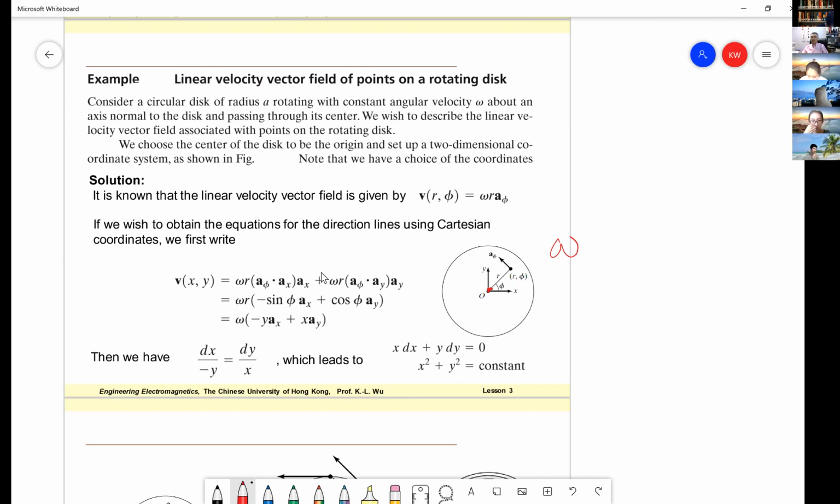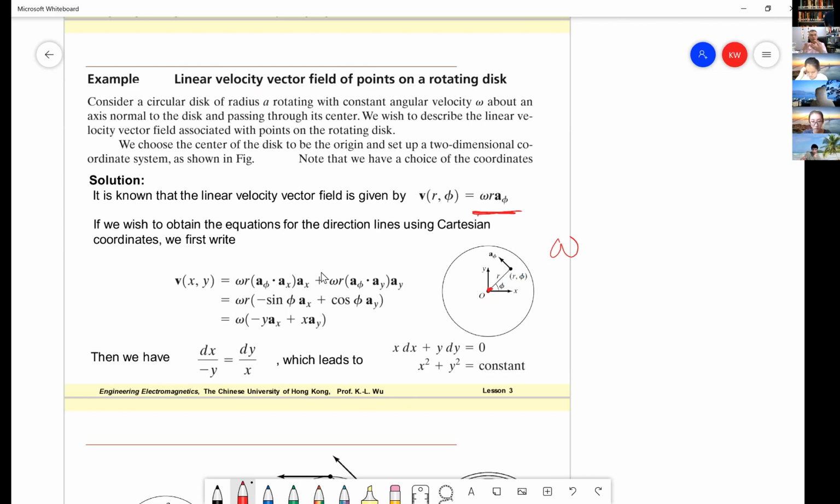First of all, let me write this vector. Even though the speed is in the phi direction, I write it in the xy directions, which is a simple projection.